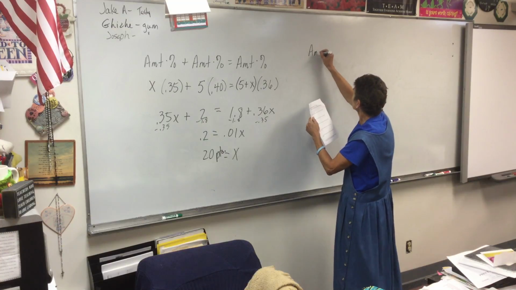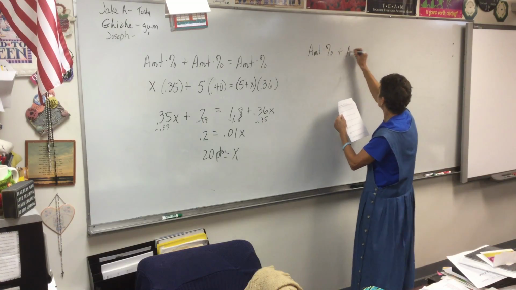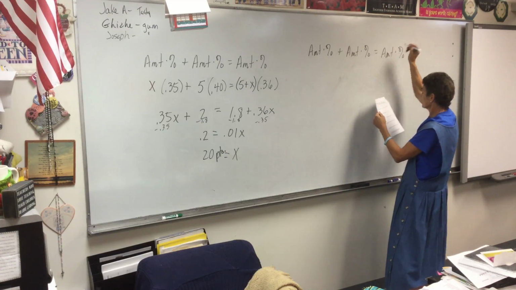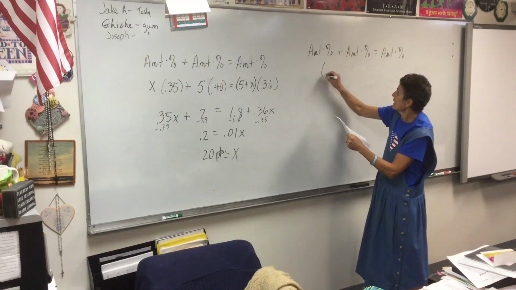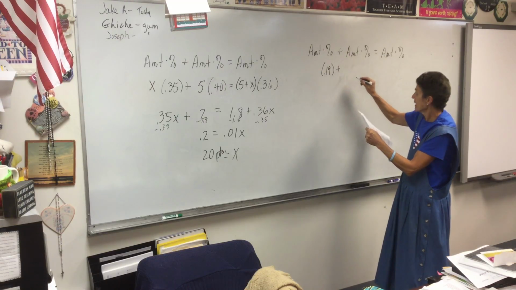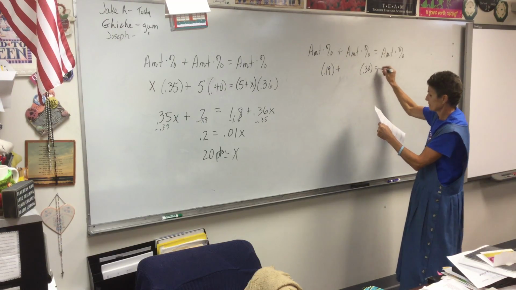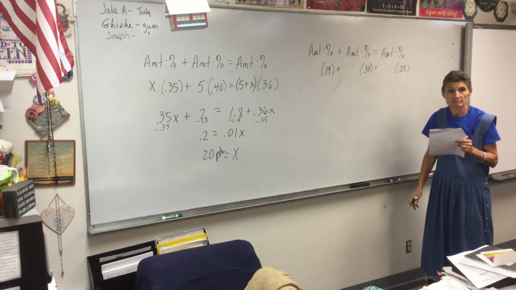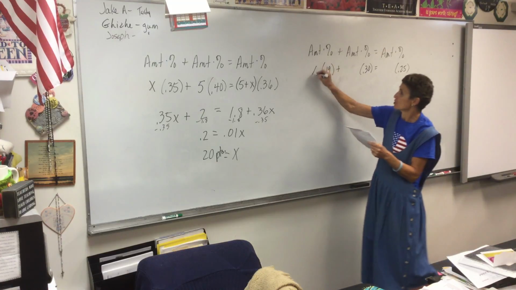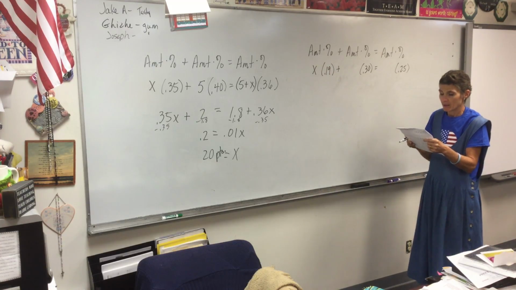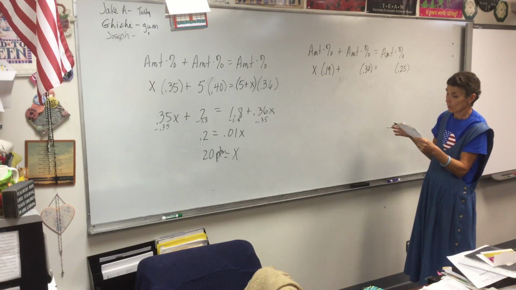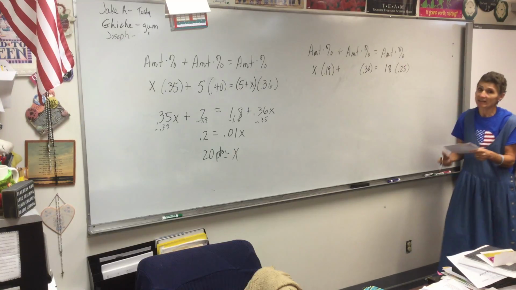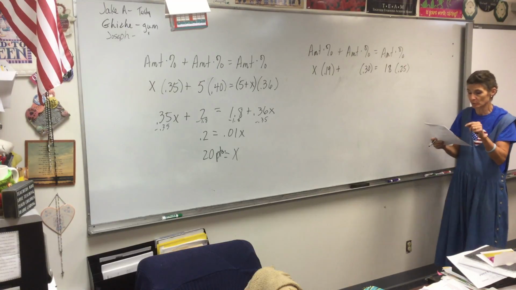Amount times percent. All right, so I have 19%, and I have 30%, and I have 25%. How much 19% must be mixed with a 30% solution to get 18 gallons of a 25% solution?